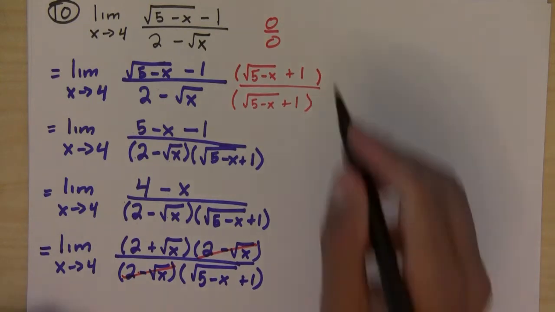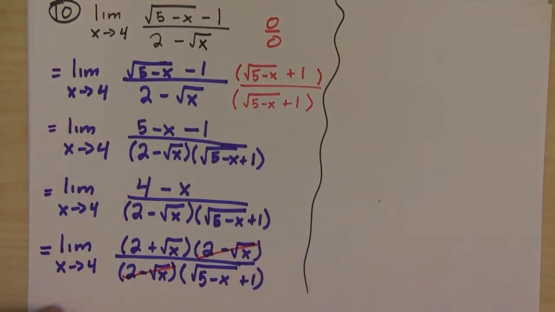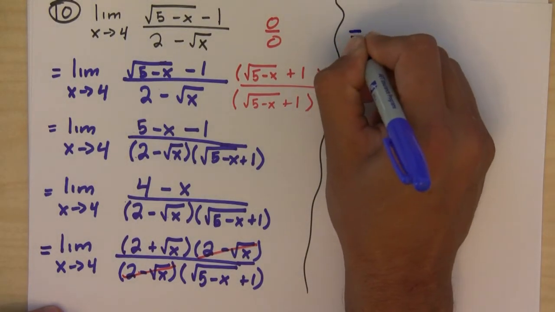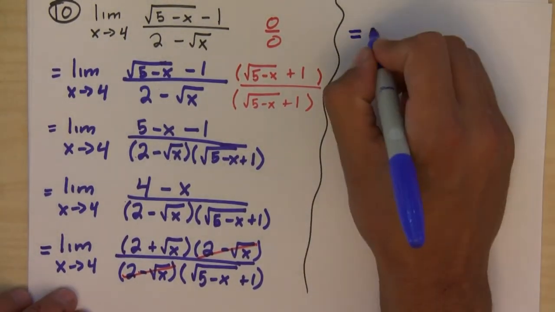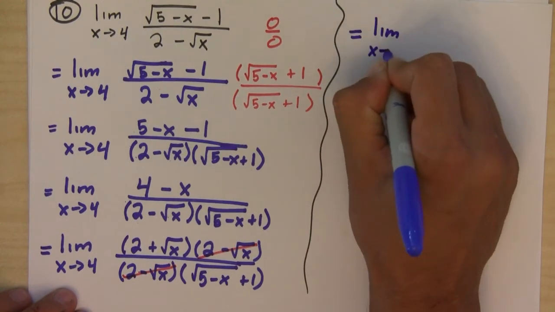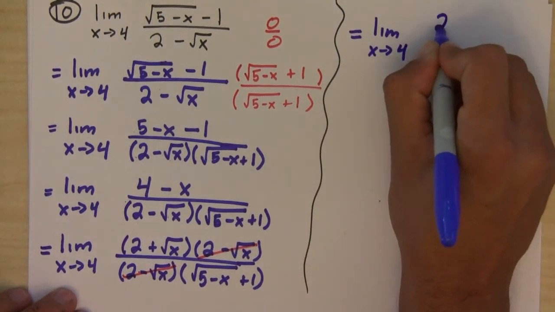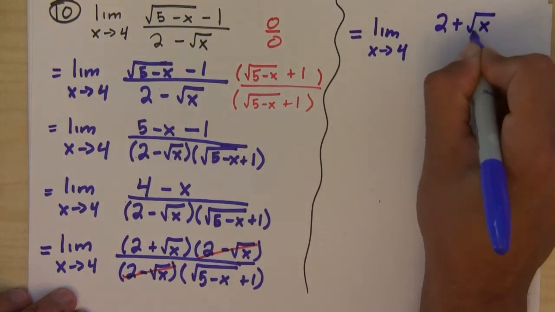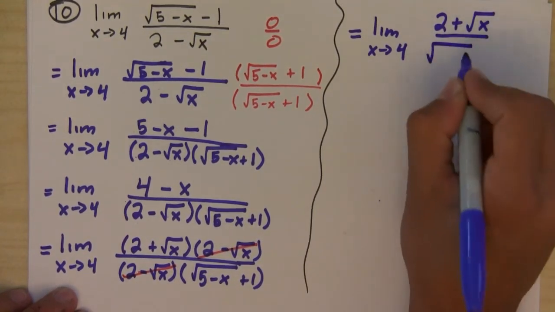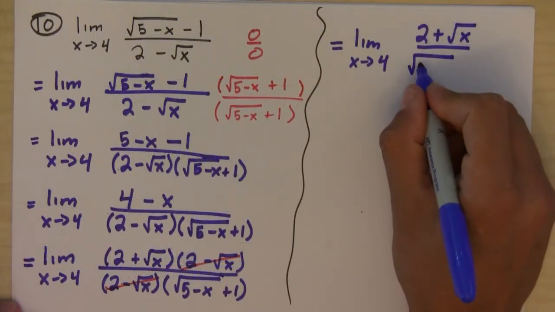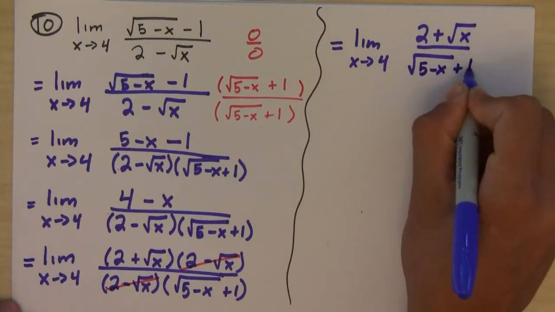And let me continue over here on the right. This would equal the limit as x approaches 4 of 2 plus square root of x over square root of 5 minus x plus 1.